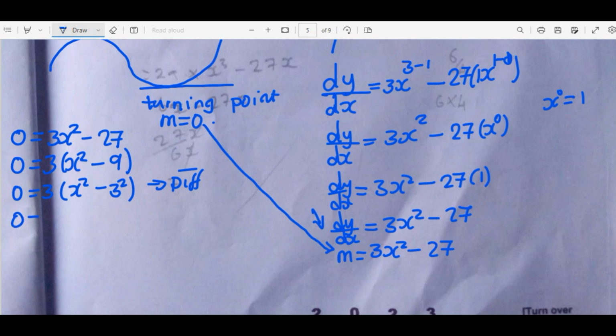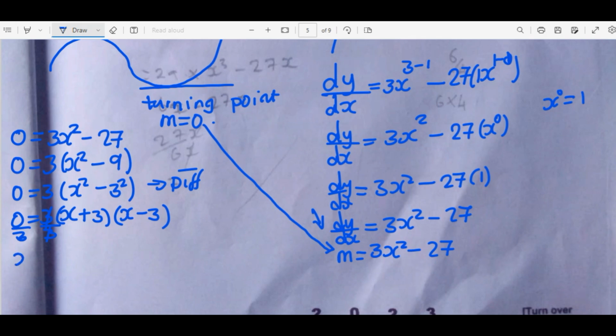So we have 0 is equal to 3. Here we are going to write 2 pairs of brackets: x here, the other x here, plus and minus 3, 3. Now we can divide by 3 so that we get rid of it.